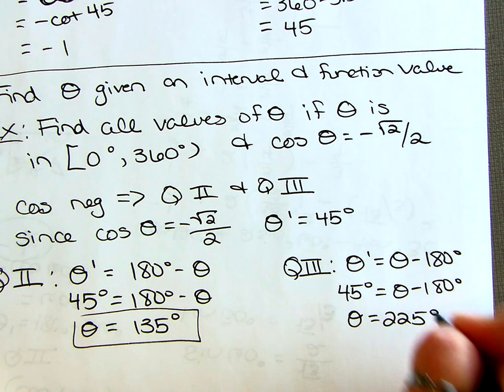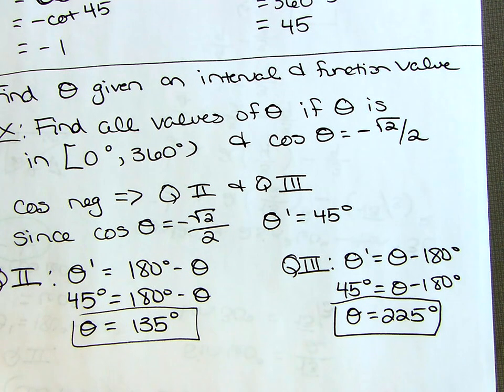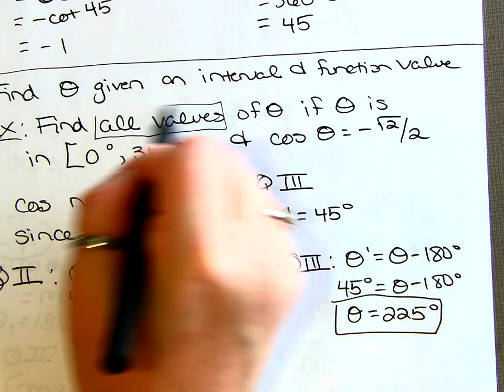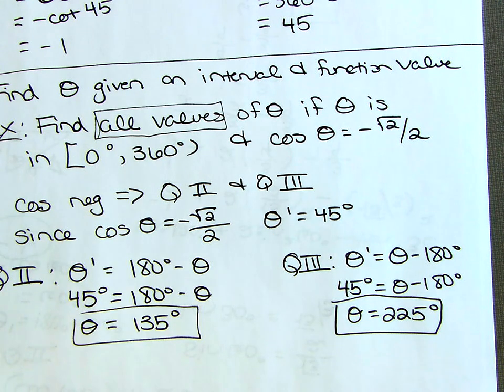The key thing here is it says all the values. So you could find multiple values depending on the stipulations that they give us. We know that theta has to be between 0 and 360, and we know the cosine of theta is negative radical 2 over 2. With those stipulations, there are 2 different values that could fit. So don't be afraid of getting more than one value when it comes to these problems.